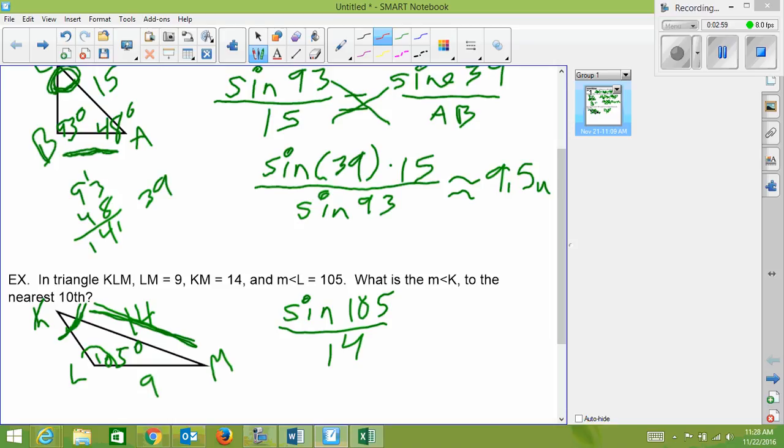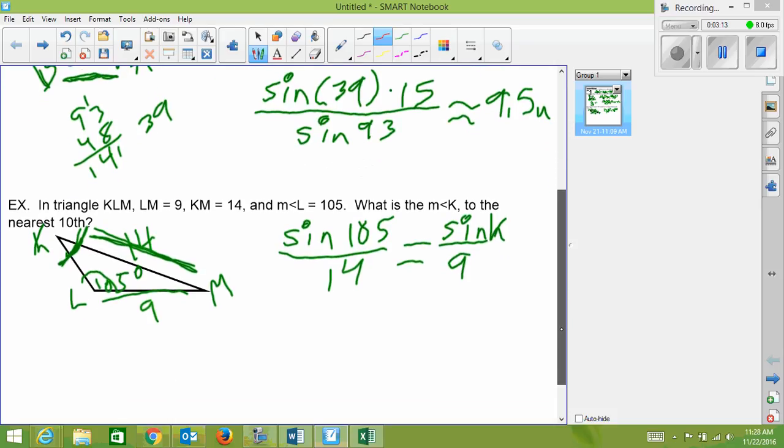And now I need to do this angle, this side: 9, and then sine of K. Because it is the angle that I do not know, I have to use the inverse sine, sine of negative 1, right?